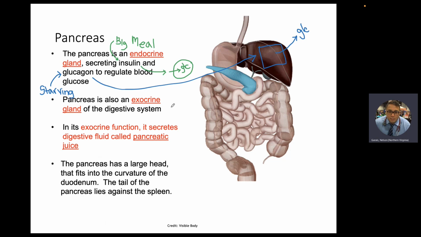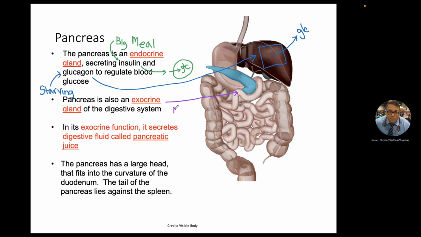So the exocrine function, right? What gets released into the small intestine? So let's draw an arrow to the duodenum, the small intestine, and let's draw the things the pancreas will send out. Fluid to increase the pH.